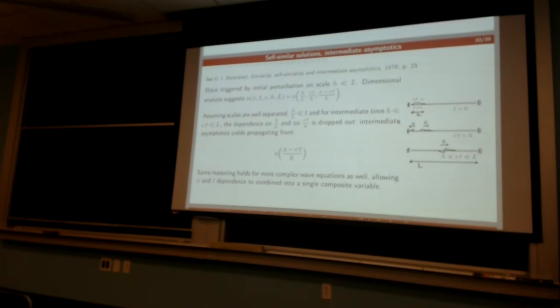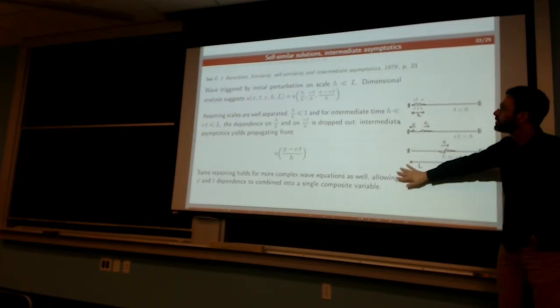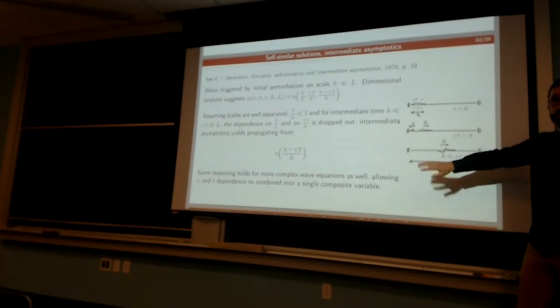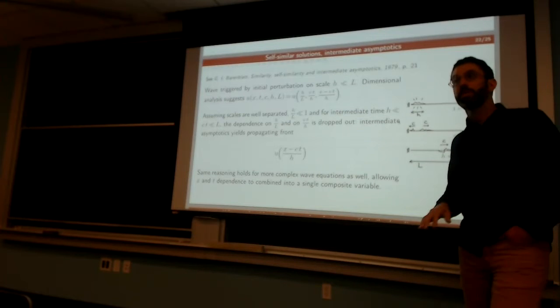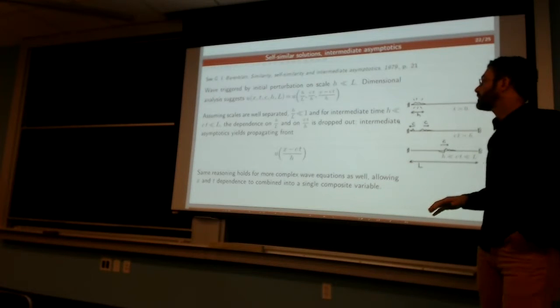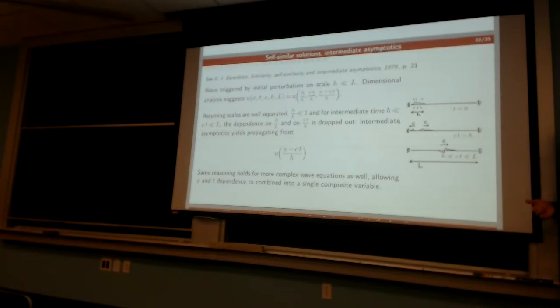Prandtl makes these very nice arguments that, okay, this is for a very specific simple wave equation, but the argument is exactly the same for any type of wave equation. It can be nonlinear, it can be dispersive, whatever.